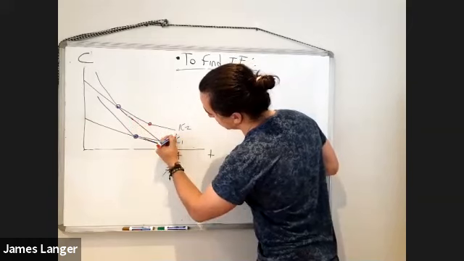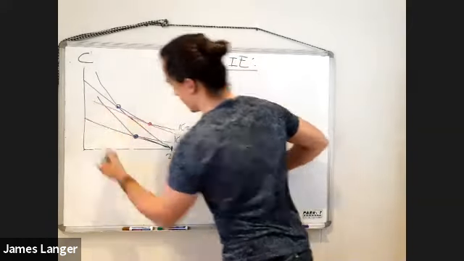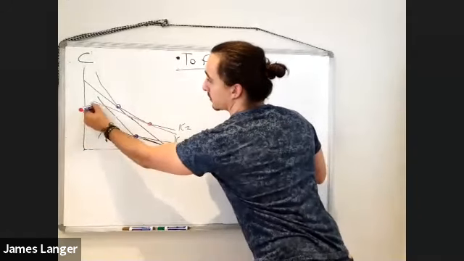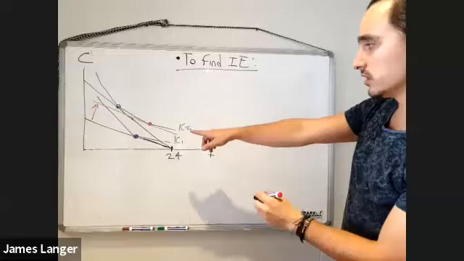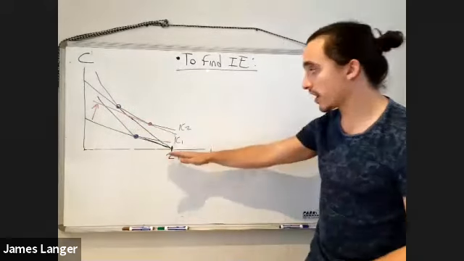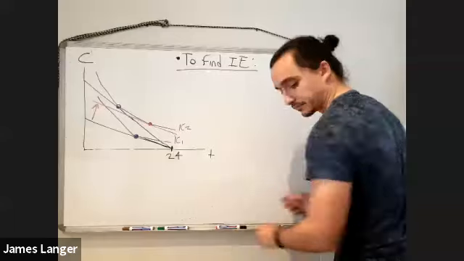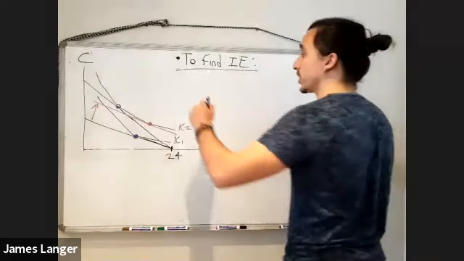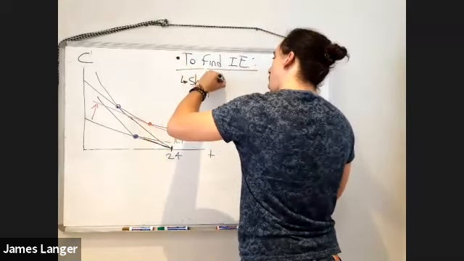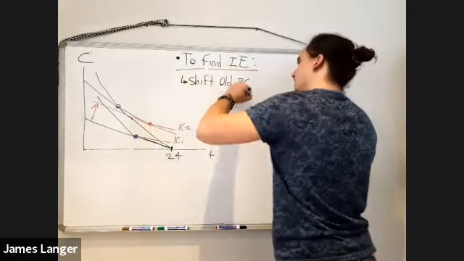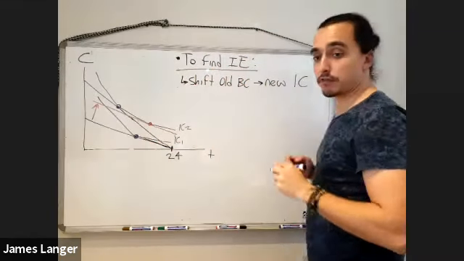It's always hard to get this perfect. Okay? So we shift this upwards, right? From our old budget line, our old budget constraint, to the new indifference curve. Okay? So that's going to be the rule we're going to use. We're going to shift the old budget constraint to the new indifference curve.